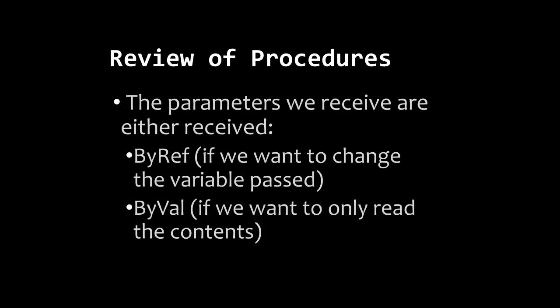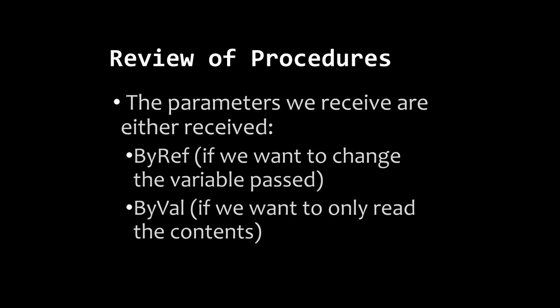The parameters we receive are either received by ref, and we receive them by ref if we want to change them. So at any point that we're going to change the variables that we pass down, even if we pass them to another procedure, we need to receive them by ref. So if we're ever going to change them, we need to receive them by ref.